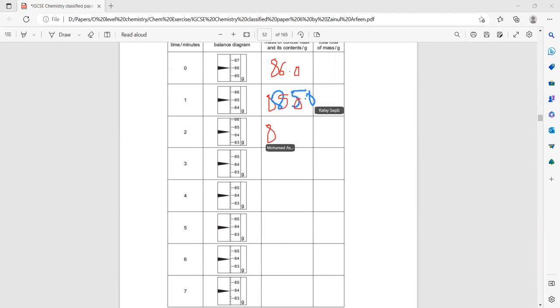The second one is 85.0. 84.4, yeah, that's right. Then 84. It's 84.1, I guess. This is because this point is between 84.2 and 84, so that is 84.1.